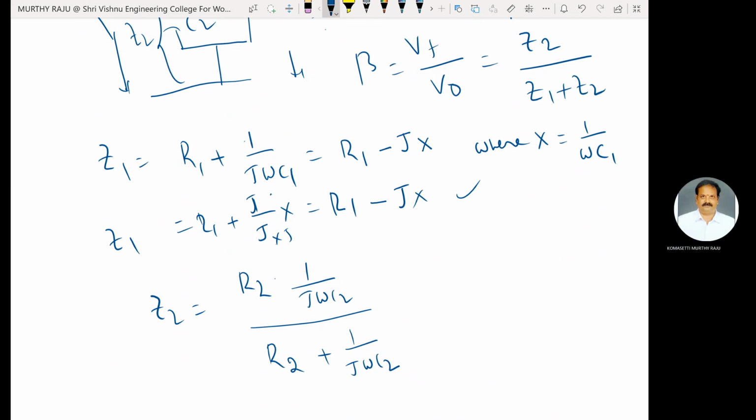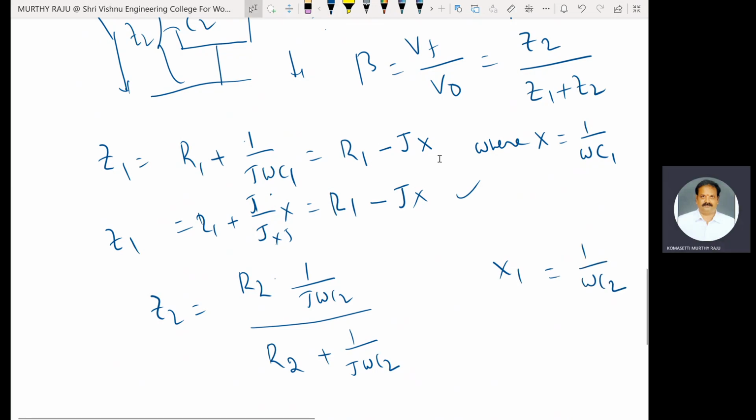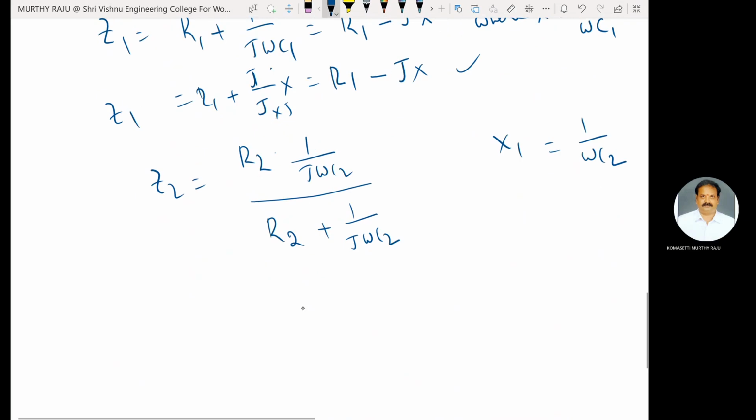Here X1 is equal to 1 by omega C2. That is equal to Z2 is equal to R2 by j X1.